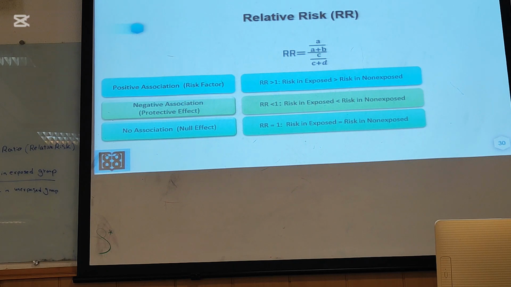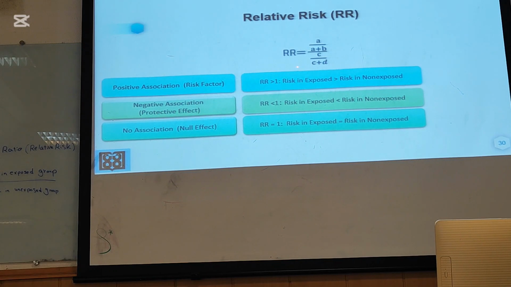And what's the meaning of different values of relative risk? If relative risk is greater than 1, it means risk in the exposed group is greater than risk in the unexposed group.